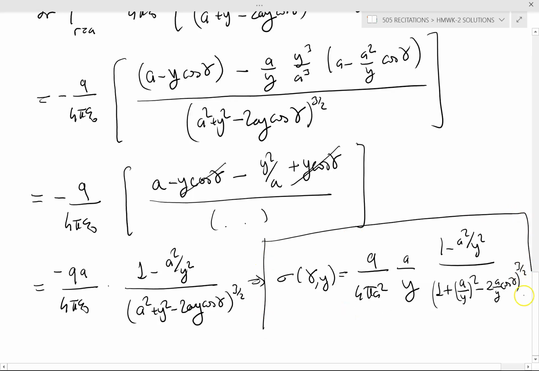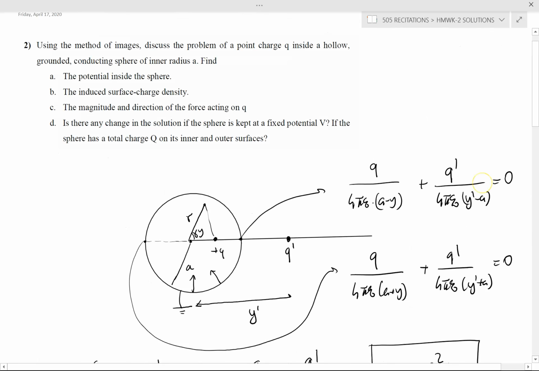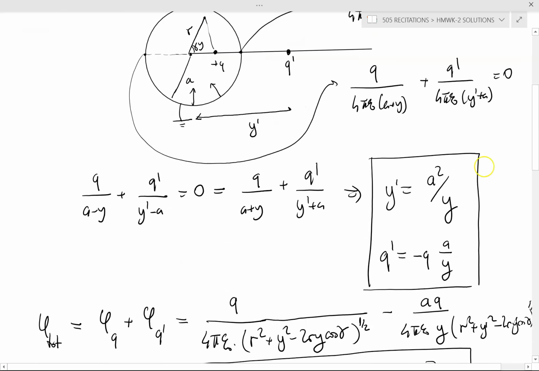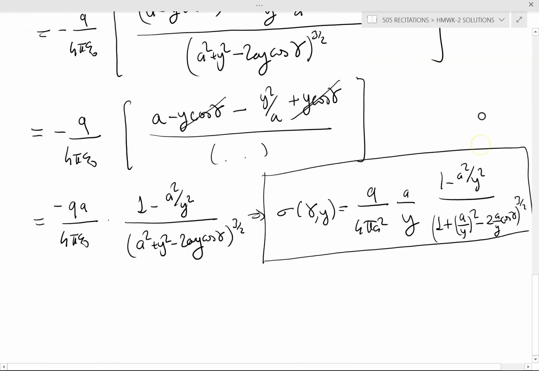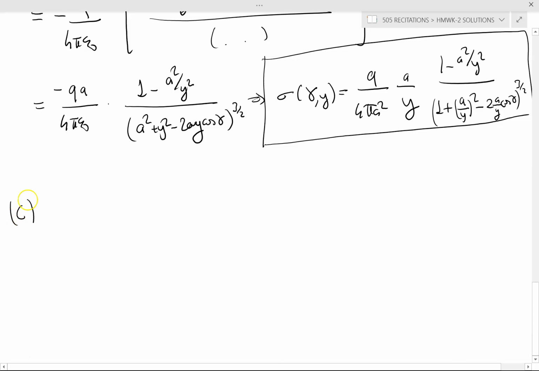What is the force between these two? It is again the very same idea, the magnitude and the direction of the force acting on Q. It is the Coulomb force between the charge and its image, and it's nothing but the following. If Q prime is along the minus e_R direction, right?